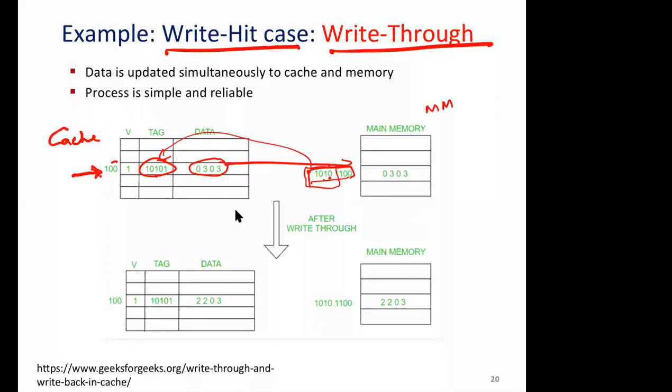So after write through, we are writing a value 2203, so the data becomes 2203, and also data in main memory becomes 2203, because we're simultaneously writing. Okay, any question?